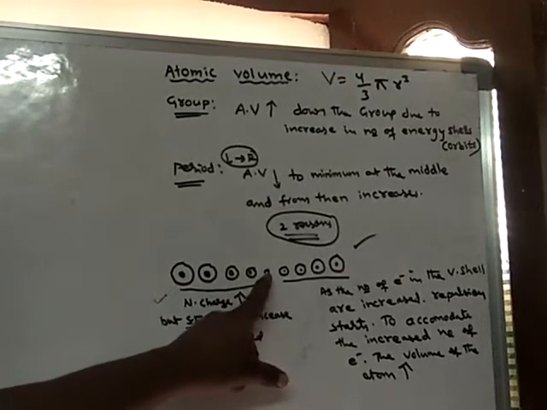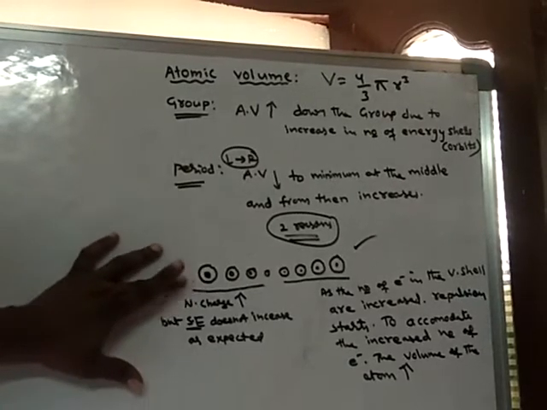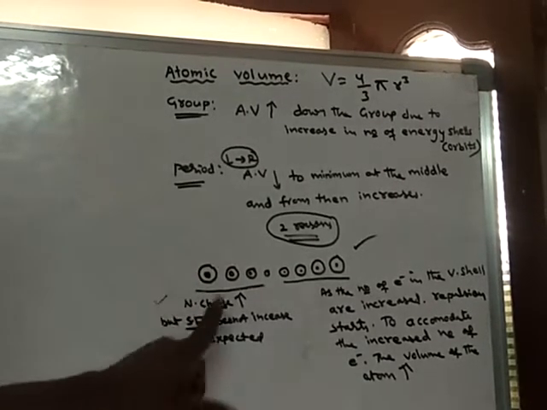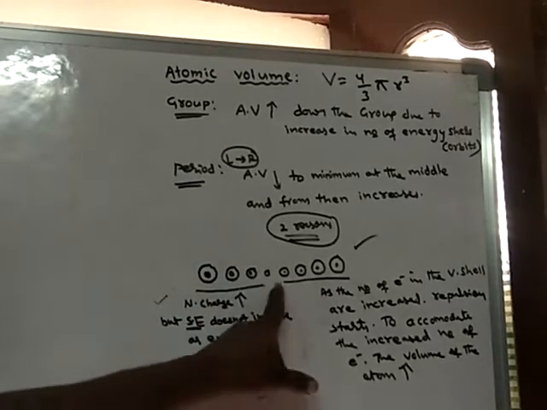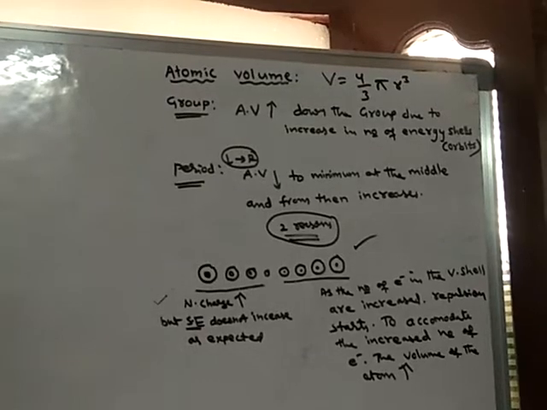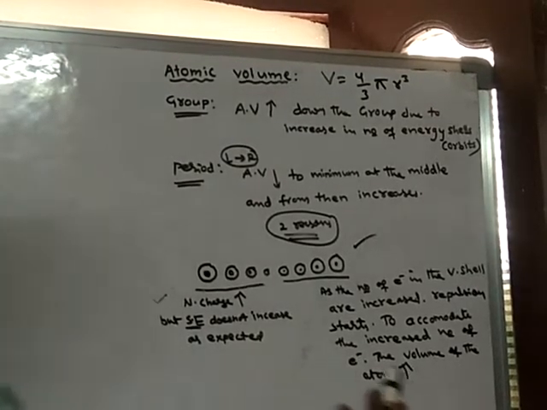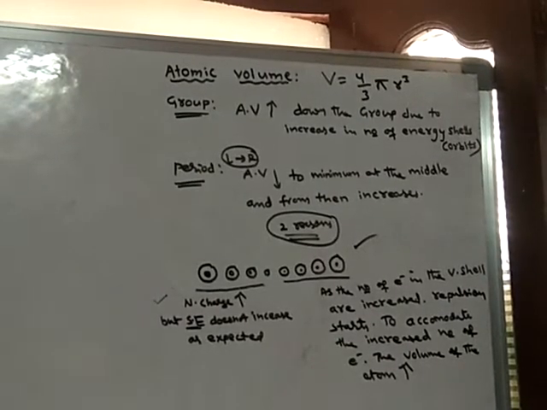So from here onwards, the size of the atom starts increasing to accommodate the added electron. The volume of the atom increases. So in this way, atomic volume will vary. This is about the atomic volume.